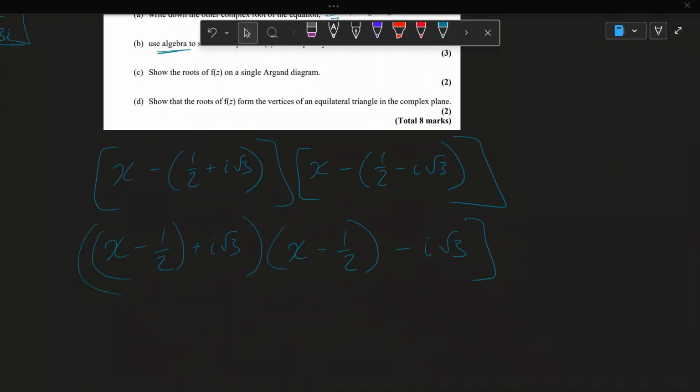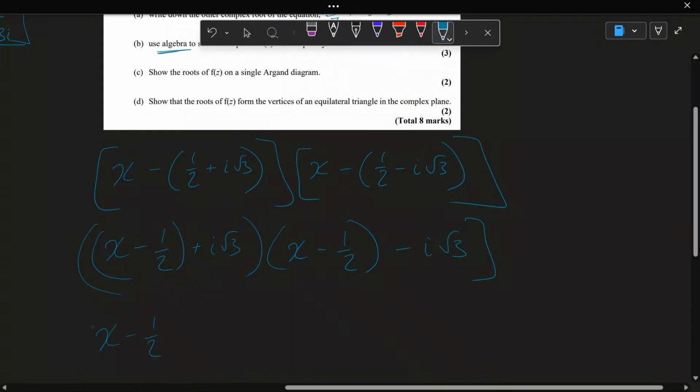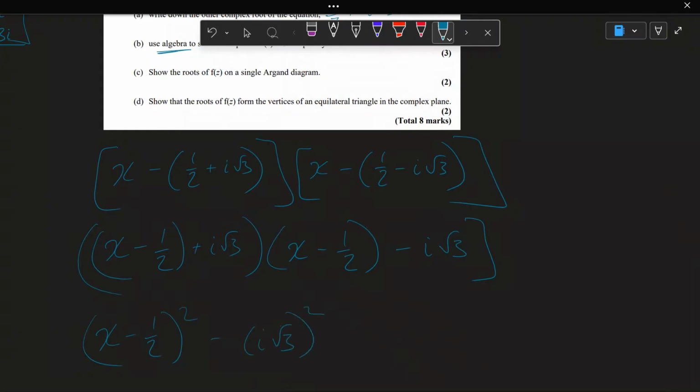Okay, you'll notice now this is actually in difference of two squares form. So you'd have x minus half all squared, minus i root 3 all squared.